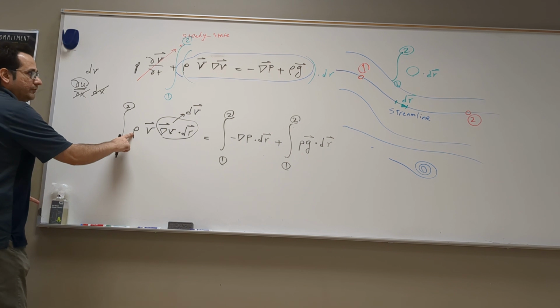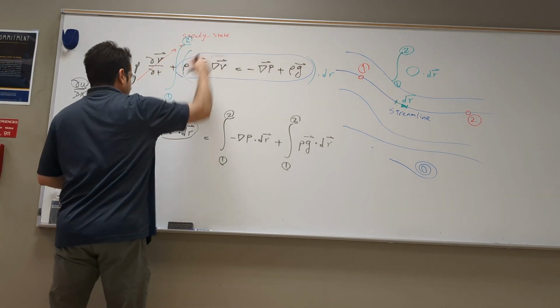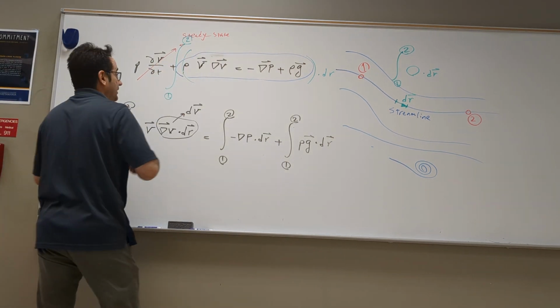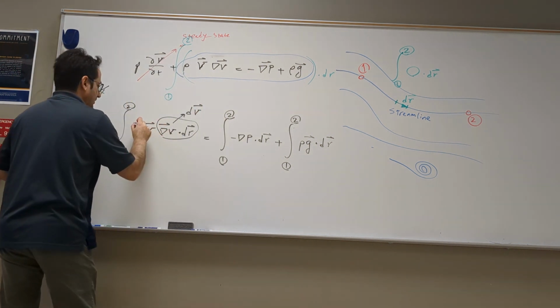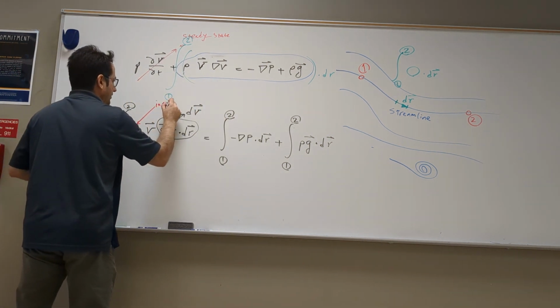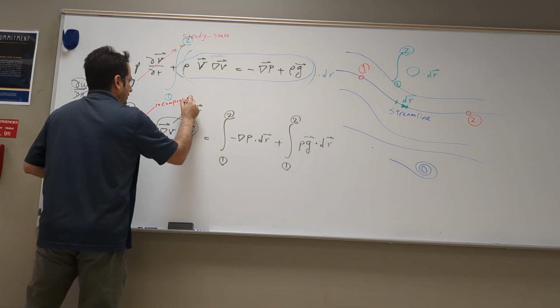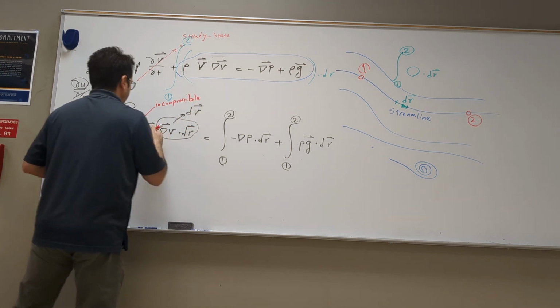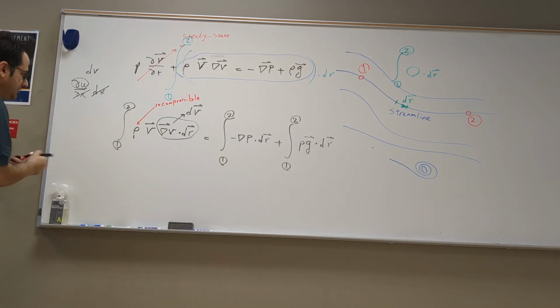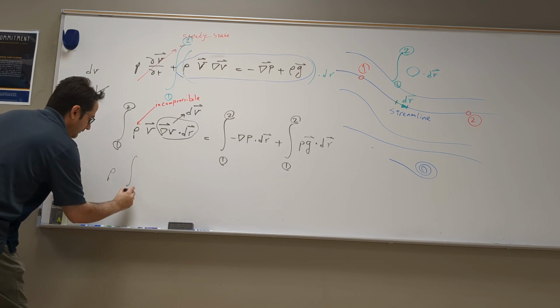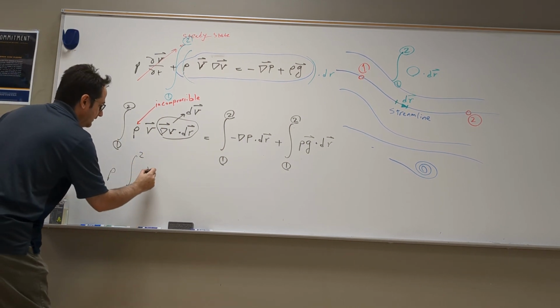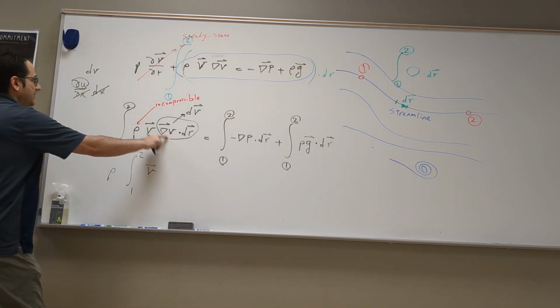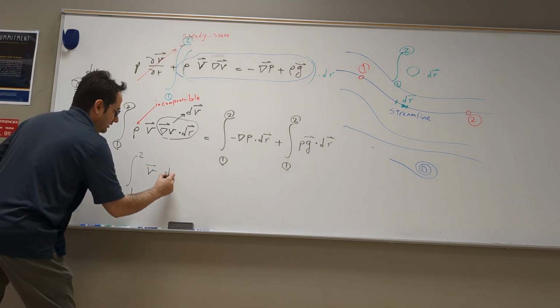So also for the assumption of unsteady state and incompressible. For incompressible, I'll write it here, you can take this rho out of the integral. So you can write rho times the integral from 1 to 2 of v, and instead of this term, you just write dV.